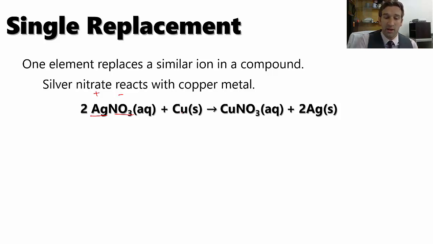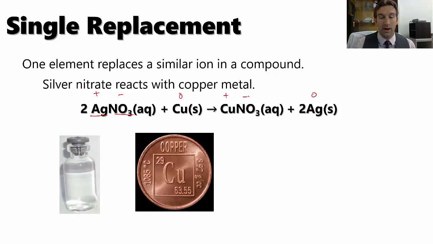What this does, it allows copper to go from its element, its neutral form, into its charged form. And in the process, it's going to give an electron to the silver, making that silver the neutral thing now. The nitrate, still hanging out, just doing its thing, not having any effect here. Now, visually, this is what's taking place.